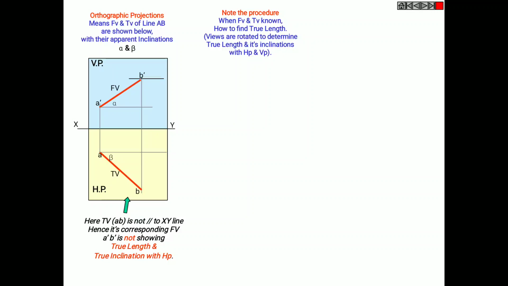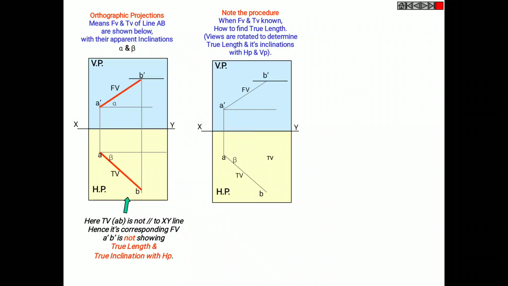Similarly, note the procedure when front view and top view are known, how to find true length. The views are rotated to determine true length and its inclination with HP and VP. So firstly we need to draw the true length at an angle of alpha, the inclination.